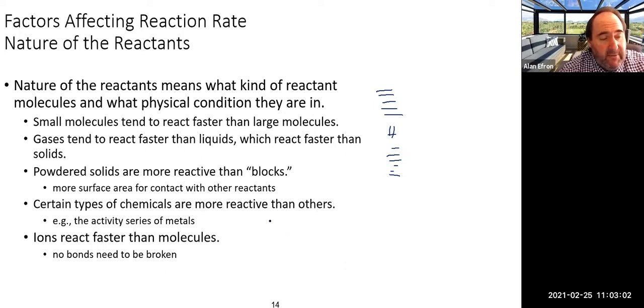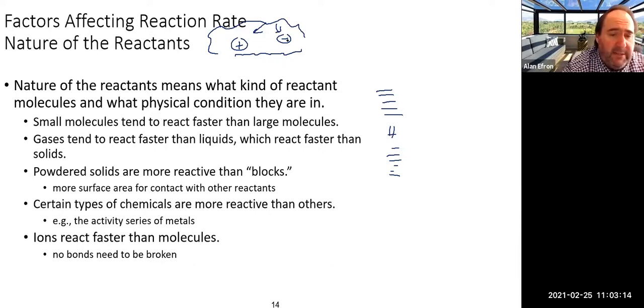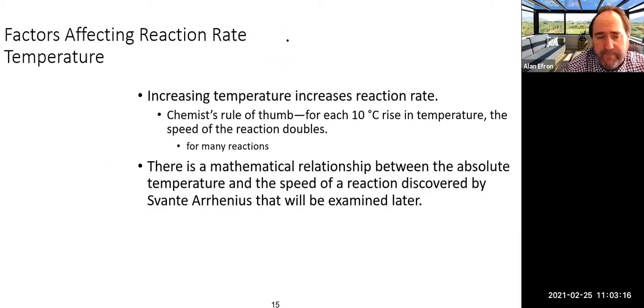Ions also react faster than molecules, because ions, those positive, negative guys, are just floating around, ready to go to react in solutions. So it oftentimes will increase the rates of reaction. Temperature is a big factor as well in terms of affecting the rate of a reaction.